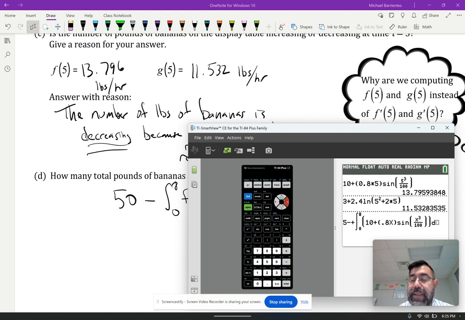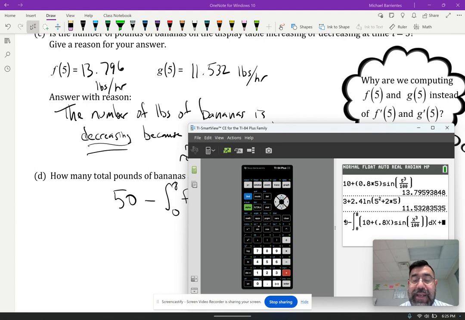Close it, and then that would be dx. Also, I think I didn't erase the plus. I just put a minus. So I need to get rid of this. All right. And this should be 50, so I need to insert a 0. Okay. 50 minus this integral, because this is the rate of removal.